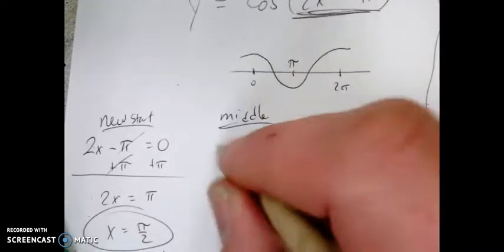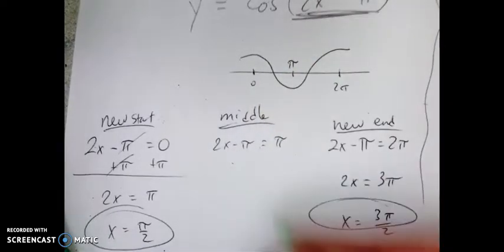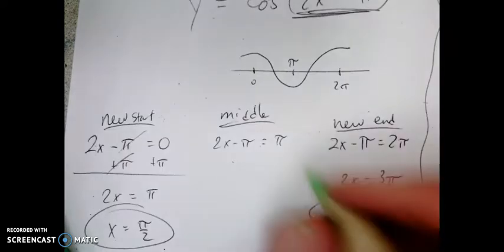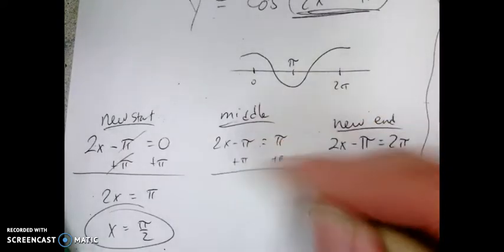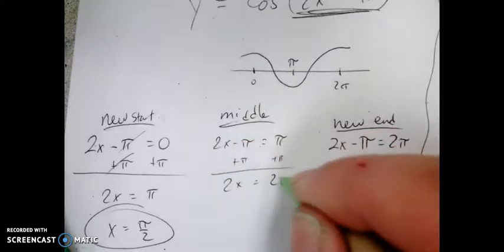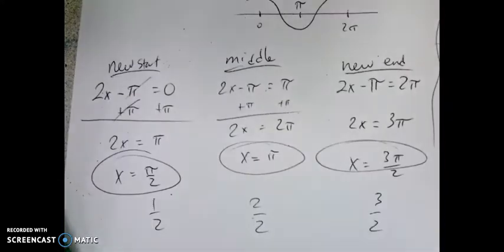So the middle, 2x minus pi, equals pi. If we solve this, we get plus pi, 2x equals 2 pi, so yes, x equals just pi. Okay, so that's kind of weird, and that's what I was saying.